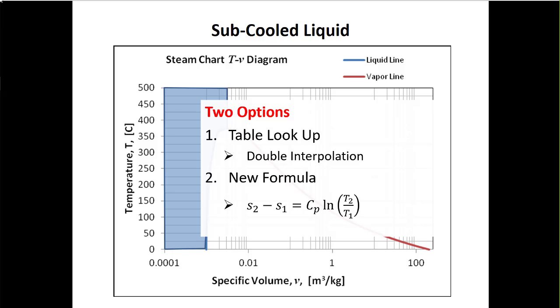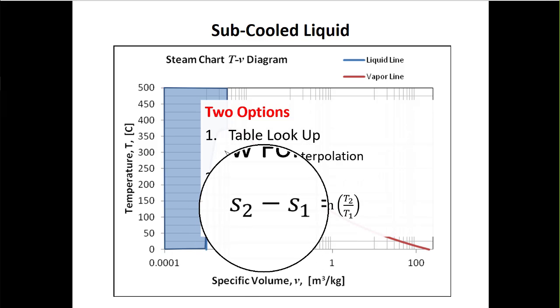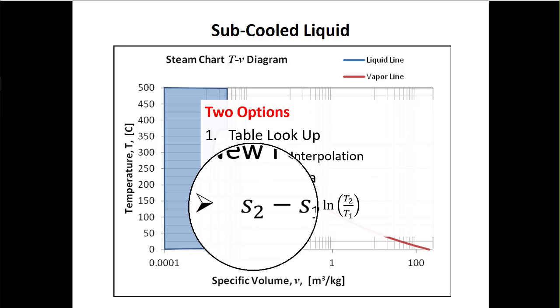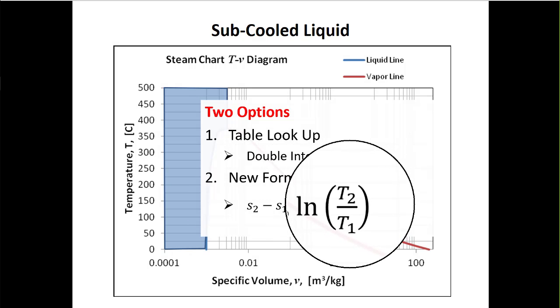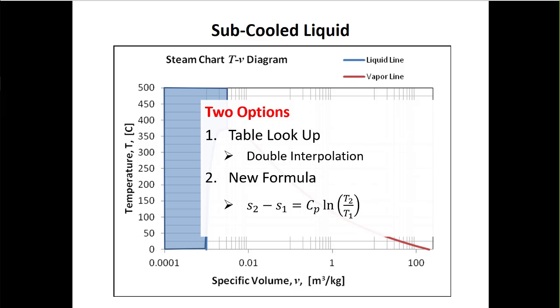Now the order here is important. When you have S2 minus S1, the first number goes in the numerator in the natural log term. So S2 minus S1 becomes Cp natural log of T2 over T1.